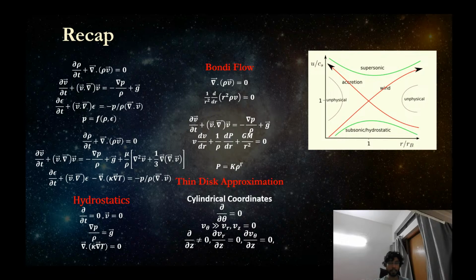Similarly, we'll assume that there is no velocity in the z direction, that is, in the vertical direction. Also, the change of Vr and V theta in the z direction should be negligible. So this is what we had covered till last week. Let me know if you have any questions. Otherwise, we will start with the material for this week.